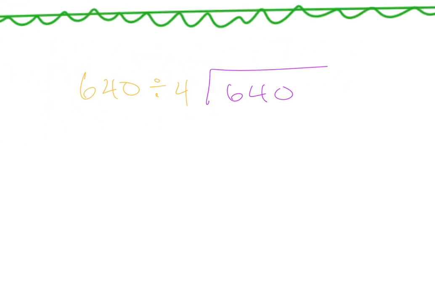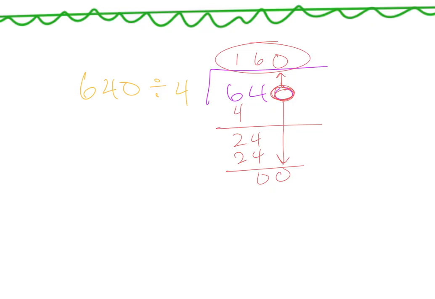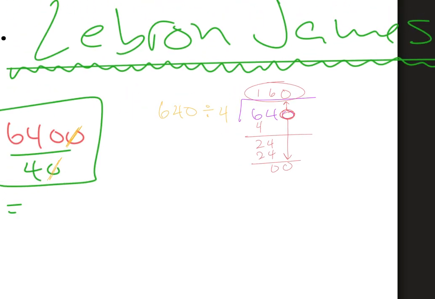How many times does 4 go into 6? 1 time. How many times does 4 go into 24? 6 times. And we cannot forget this 0. So it's 160. Now this is where it's a little tricky.